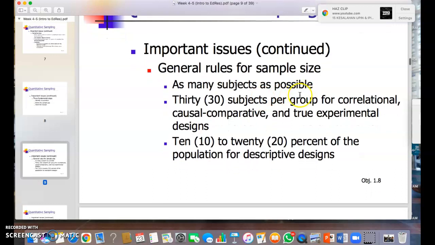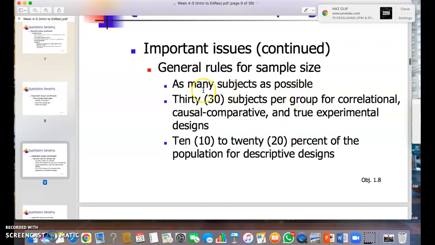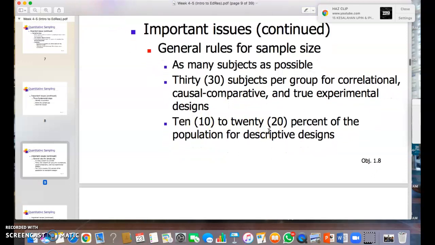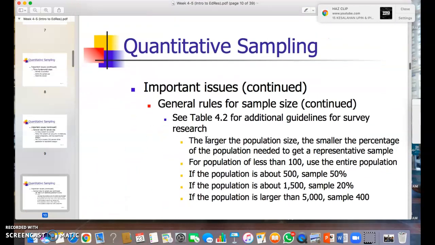As many subjects as possible. 30 subjects per group for correlational, causal comparative, and experimental designs. 10 to 20% of the population for descriptive designs. That is the general rule.